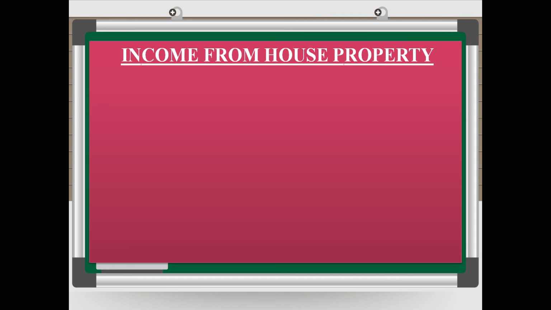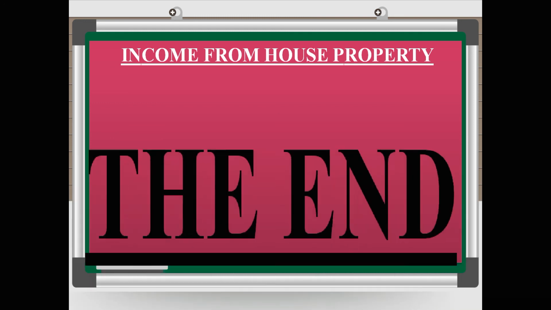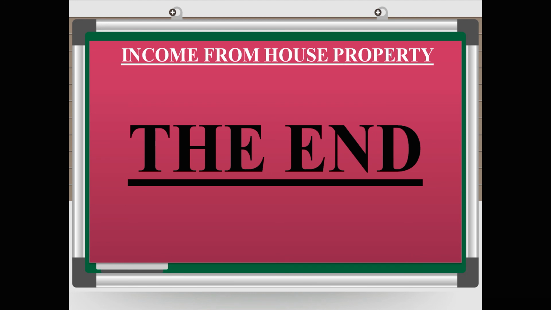This is the chapter income from house property, and it concludes over here. It is over now. All the important points are covered. All the sums covering diversified points are over.